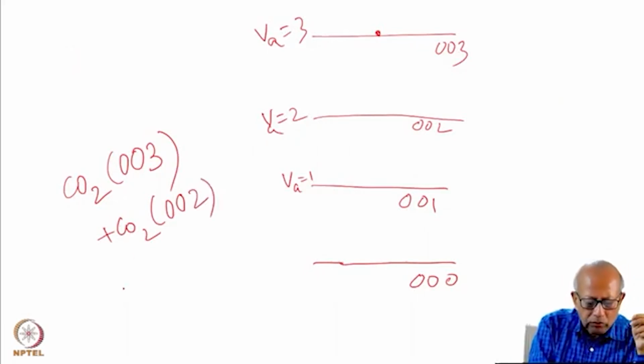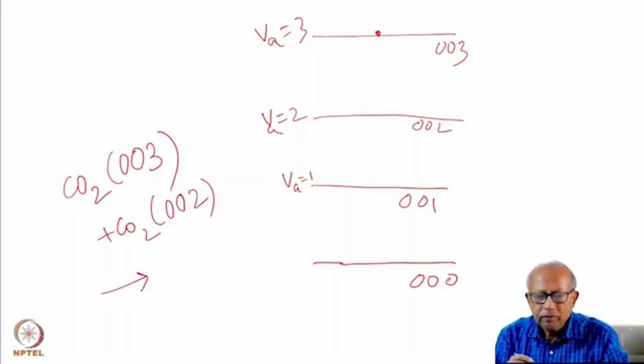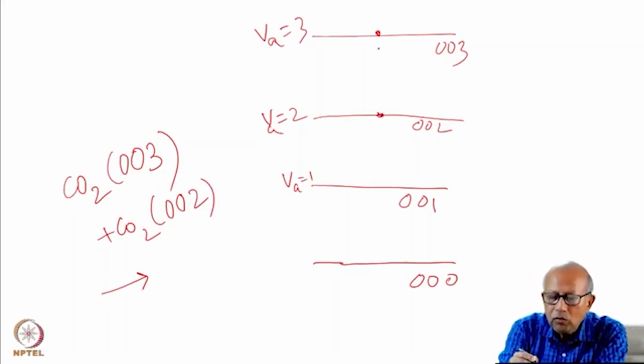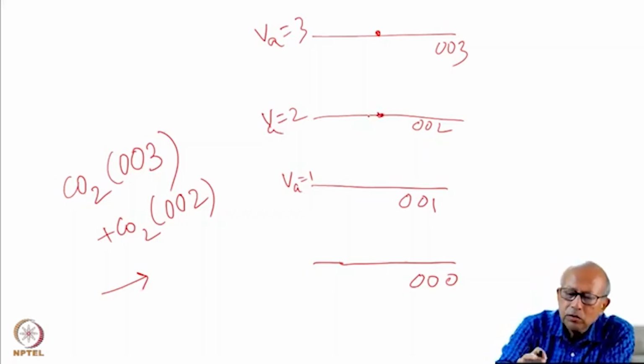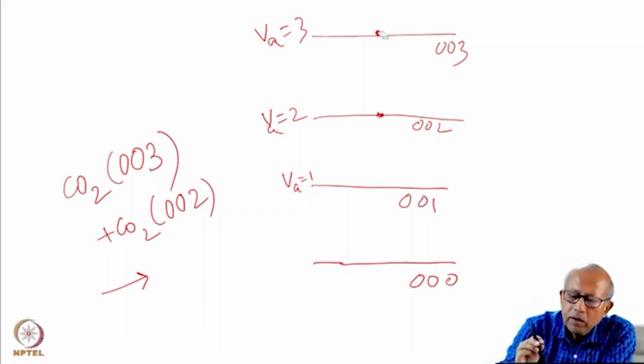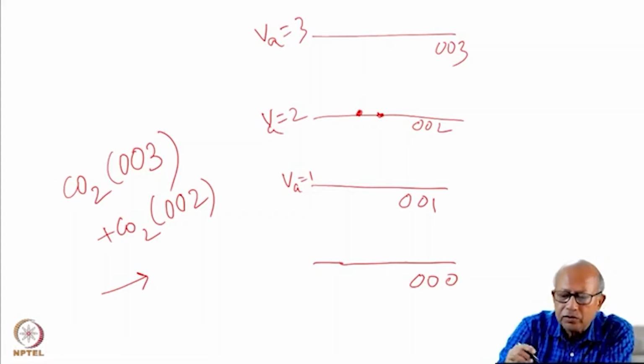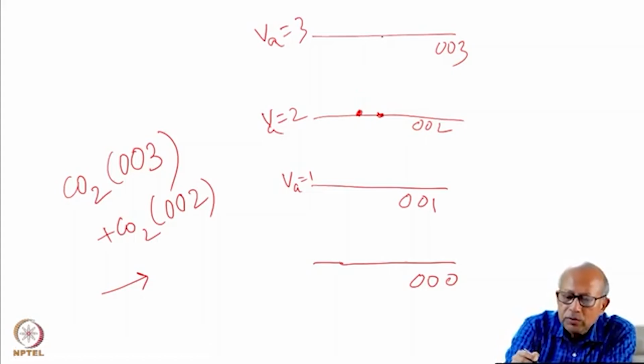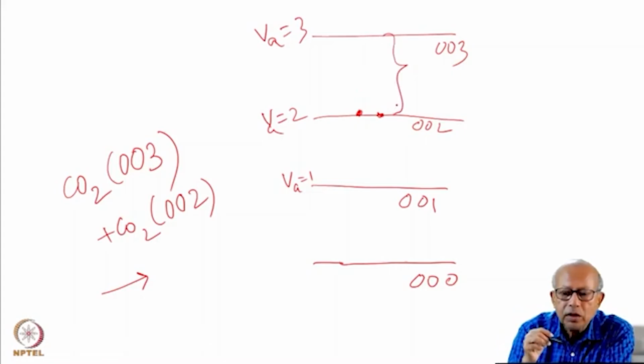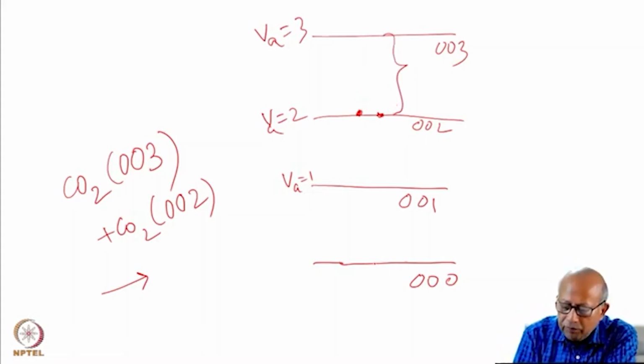If these two molecules collide, then there is one here and one here. This molecule can come down to this state. So if it comes down to this, this much vibrational energy is released. And this much energy can be absorbed by a molecule in the ground state.